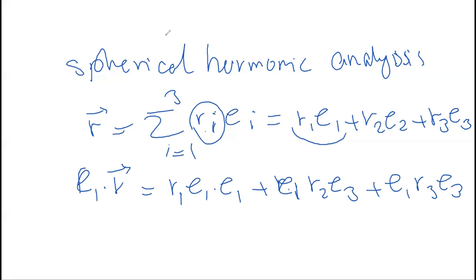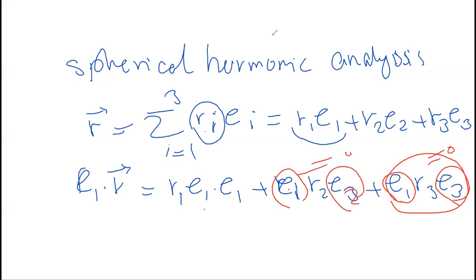So we have already discussed that the multiplication of E1 and E3 is 0, E1 and E2 is also 0. The only one that is not 0 is that one, which is 1.